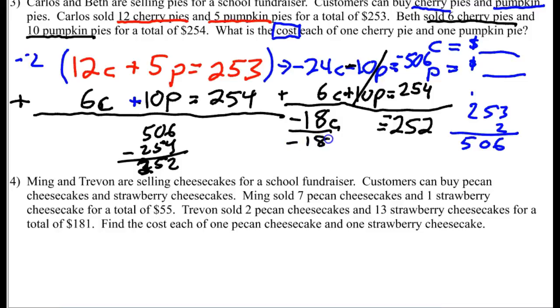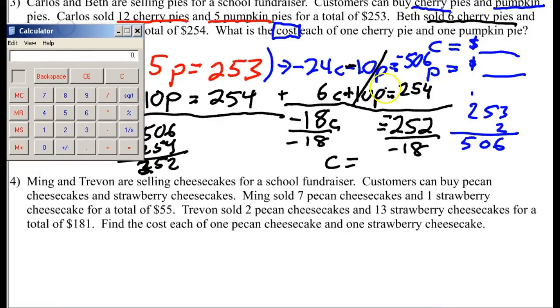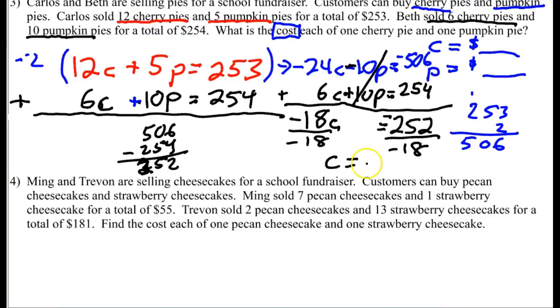And then we have to divide both sides by negative 18. 252 divided by 18, and get 14. So cherry pie, $14.